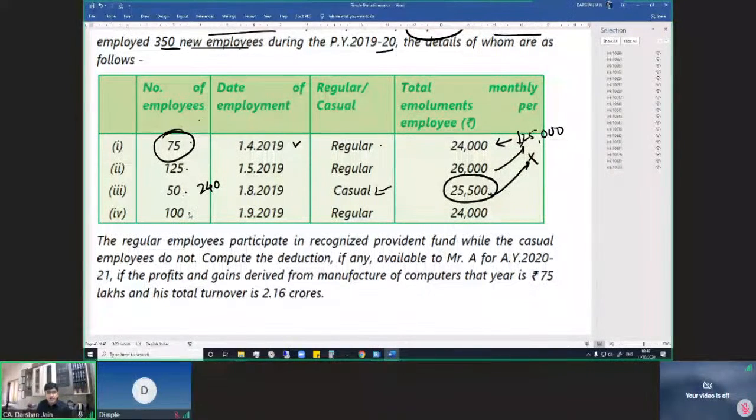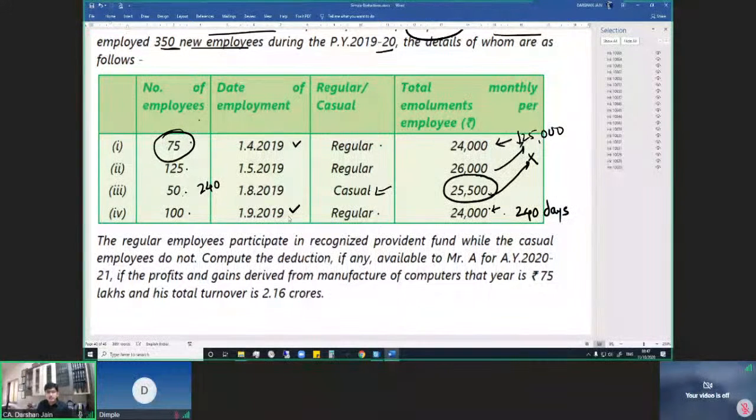Thereafter, 100 new employees were employed on 1st of September 2019. Again classified as regular. These employees are paid 24,000, which is lesser than 25,000. So they might be eligible, but we have to find out whether these 100 employees were employed for 240 days during the year.